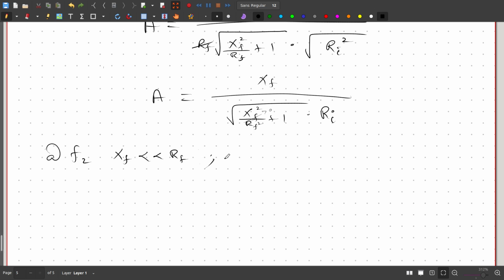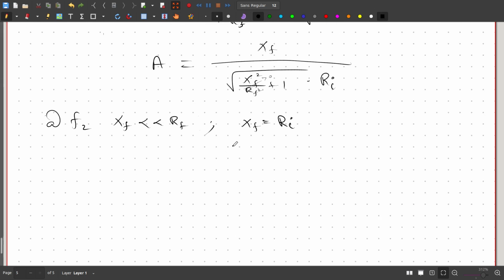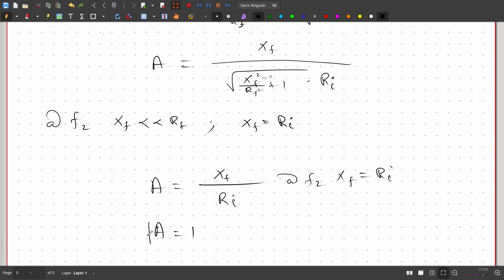At F2, XF equals Ri. Therefore, if we neglect this part, we have A equal to XF divided by Ri, and at F2 this XF is also equal to Ri, therefore A becomes 1 again.